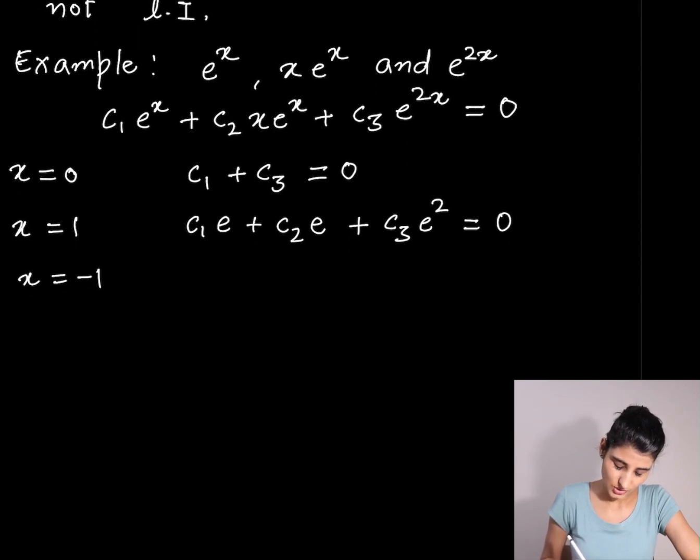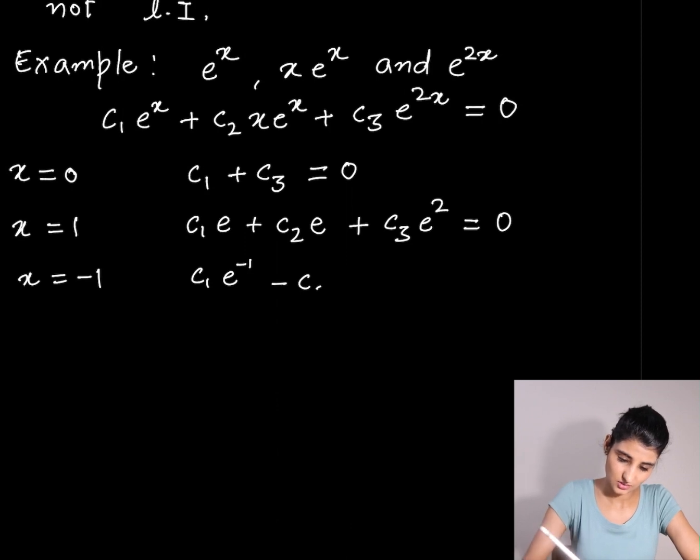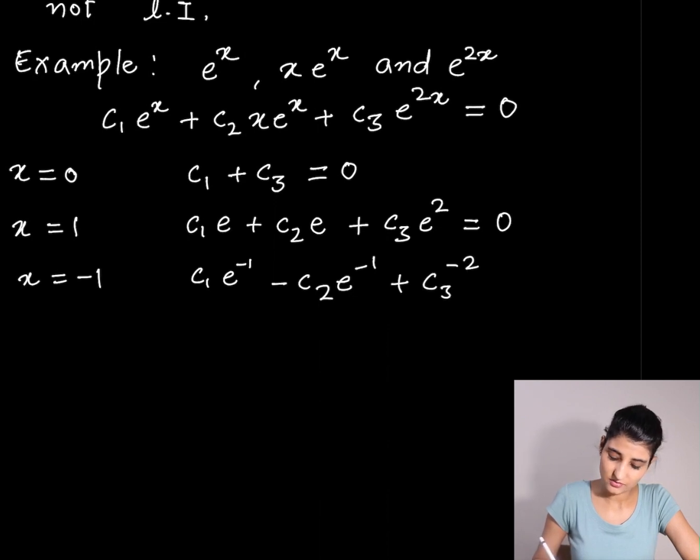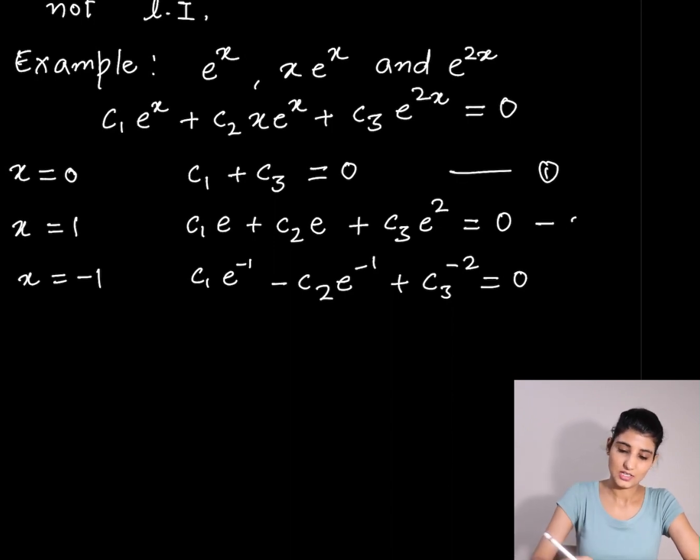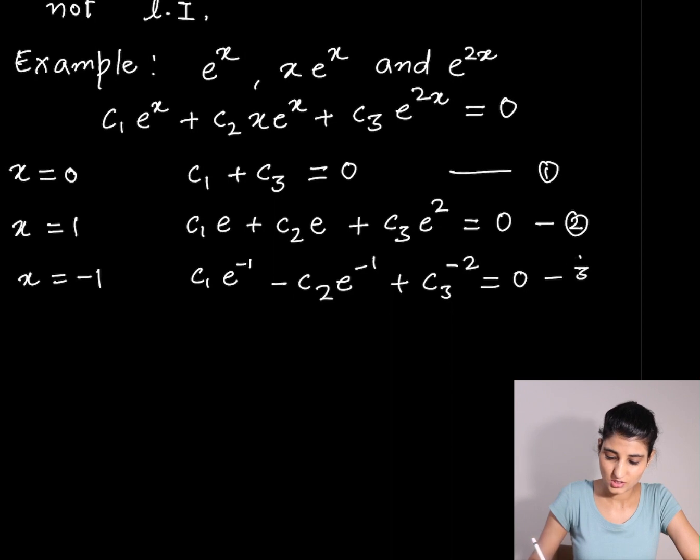If we substitute x equal to minus 1, we will get c1 e power minus 1, plus, since we have x multiplied, minus c2 e power minus 1, plus c3 e power minus 2 equal to 0. Okay. Let's mark these equations so you don't get confused.